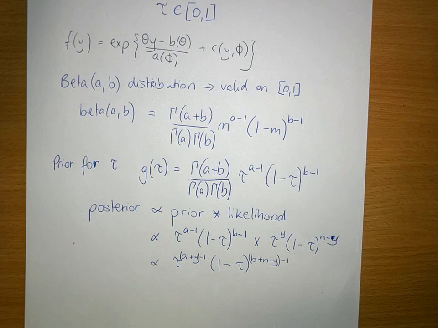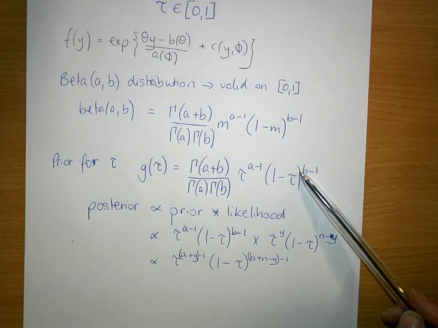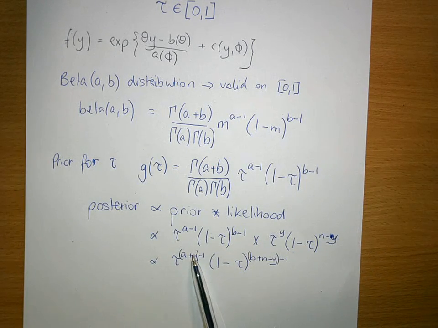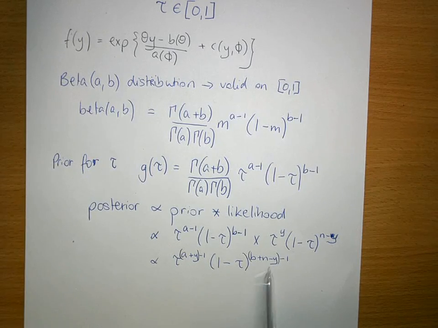Look back over what has some letter: tau to the power of some letter minus 1 times 1 minus tau to the power of another letter minus 1. Well, it's the beta distribution. But instead of having a, we now have a plus y. And instead of having b, we have b plus n minus y.